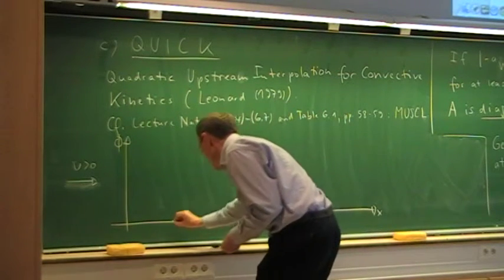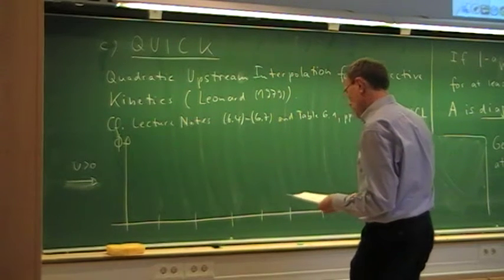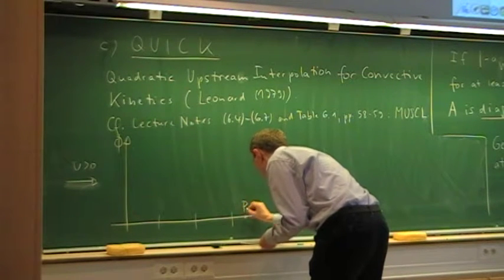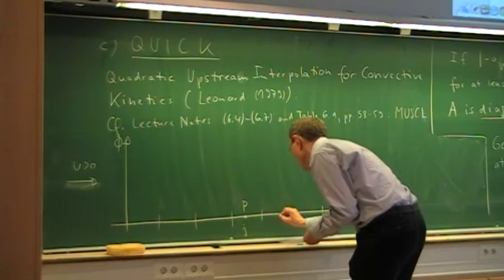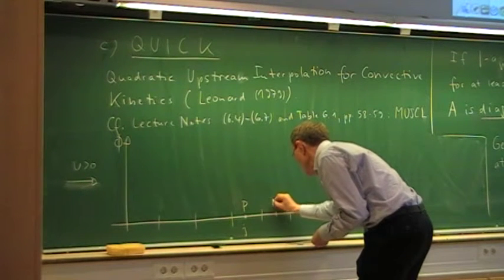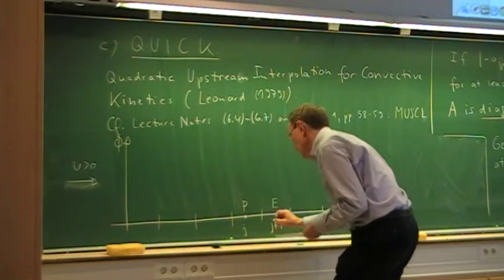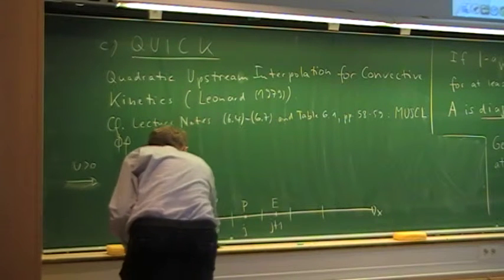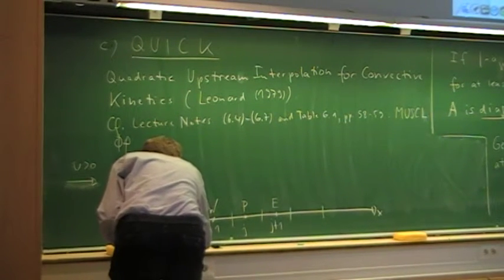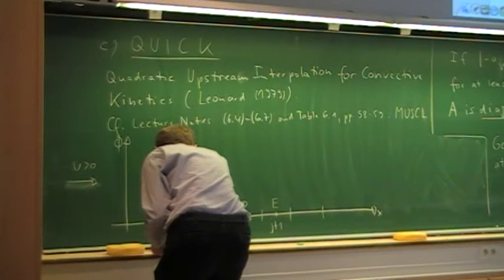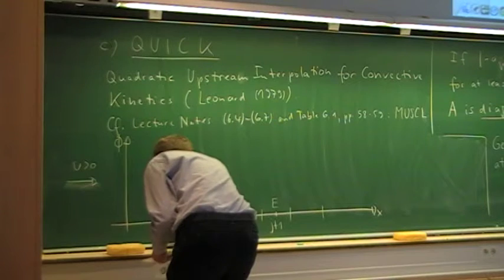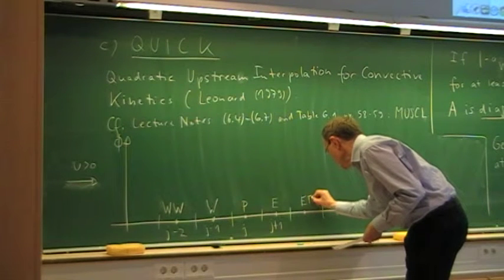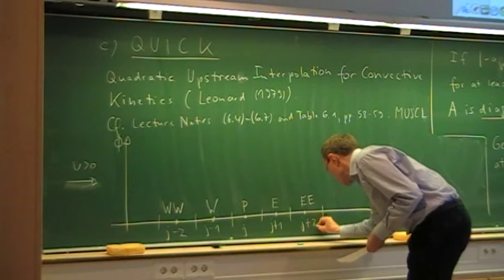Let's see if this would be the center, the cell P corresponding to j, that would correspond to the cell E, j plus 1. Here we have the capital W corresponding to j minus 1. And we need now two cells more. We need one on the left side, I call it WW, that is j minus 2. And one on the right, call it EE, corresponding to j plus 2.